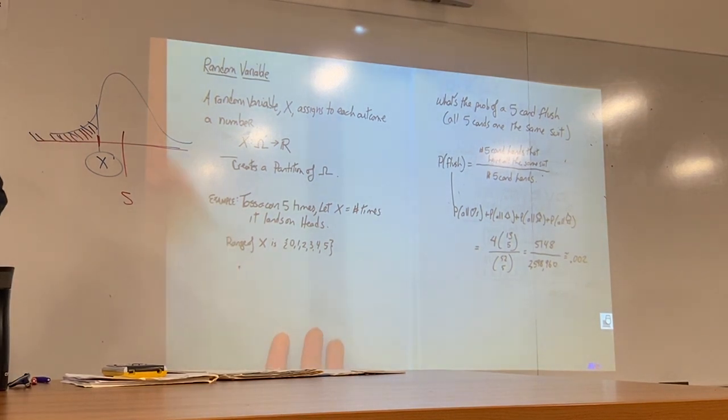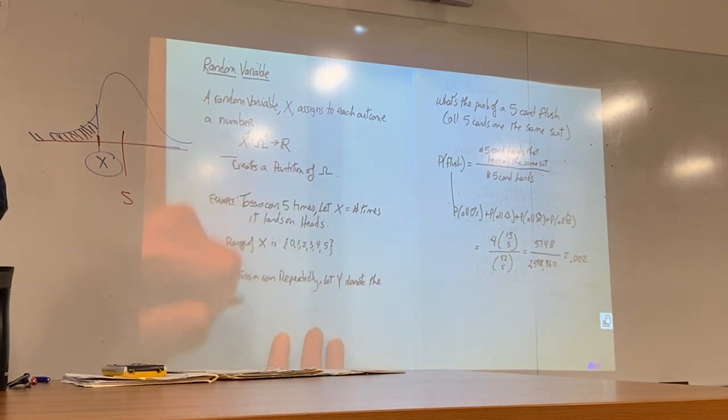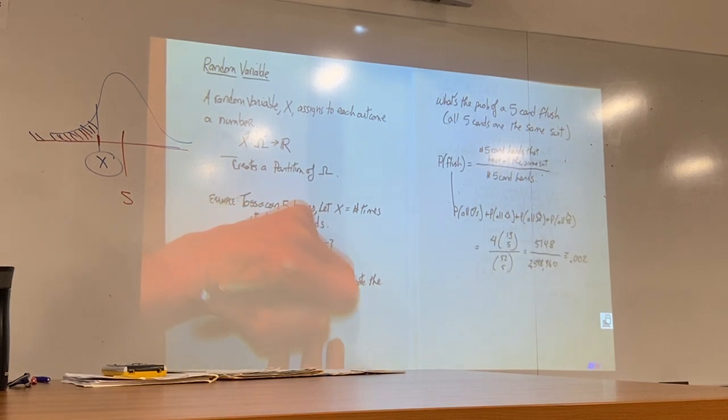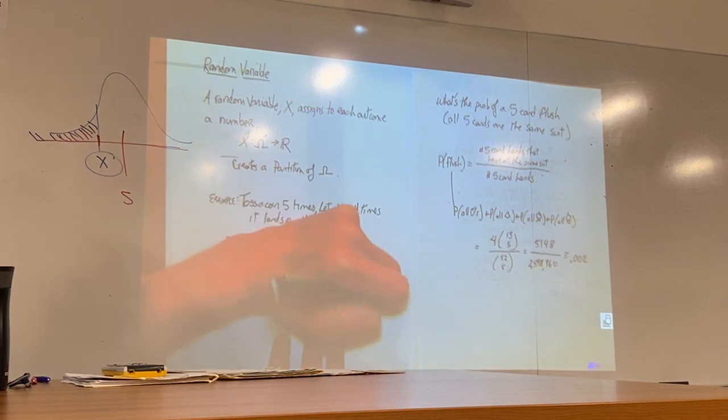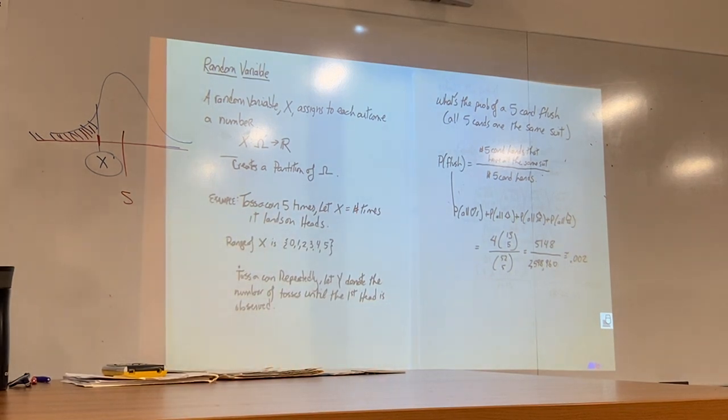We could toss a coin repeatedly. Let random variable Y denote the number of tosses until and including the first success, the first head obtained.